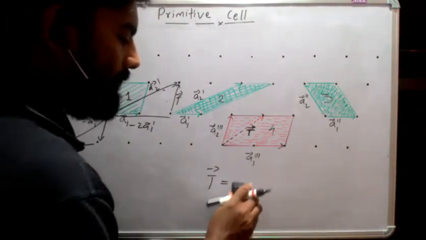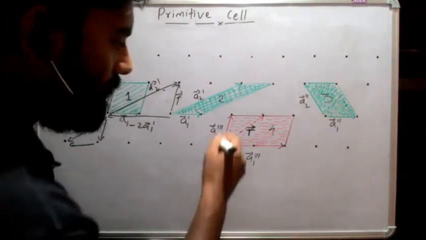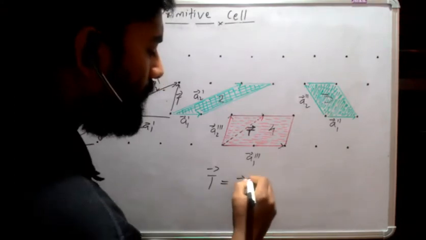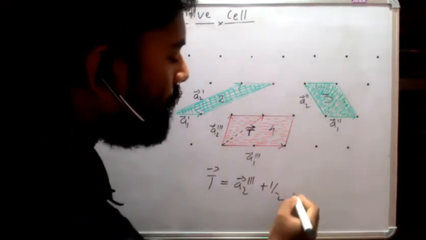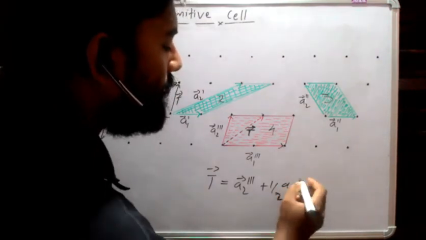So I can select T equal to A2 triple dash plus half of A1 triple dash.